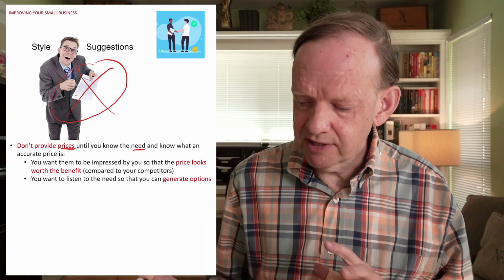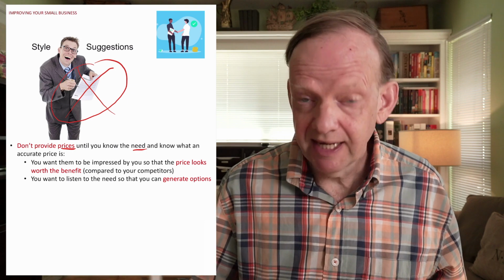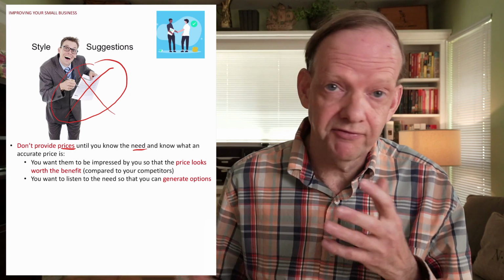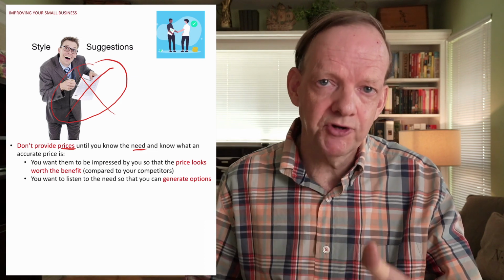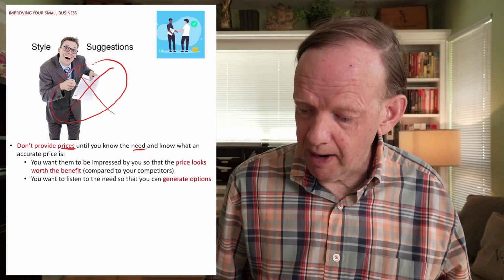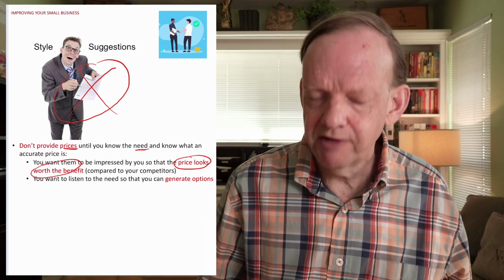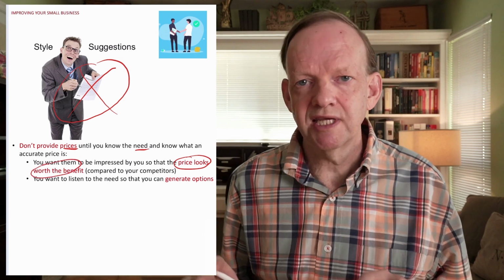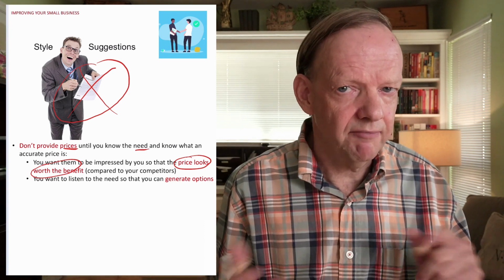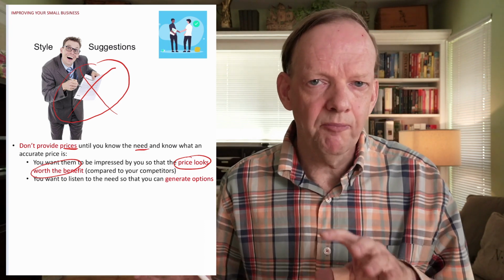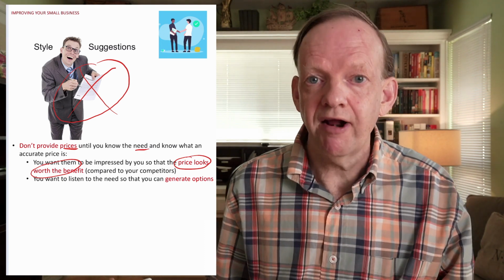And what I've learned is that if I can figure out what the need is, and I can work with them in the meetings to clarify what the need is and make them happy with my approach and what I know about, then they see the price in comparison with the benefit, and therefore they see me as valuable compared to the price, which is a high number. And so it looks far more beneficial to them than not knowing who I am and seeing a big price.